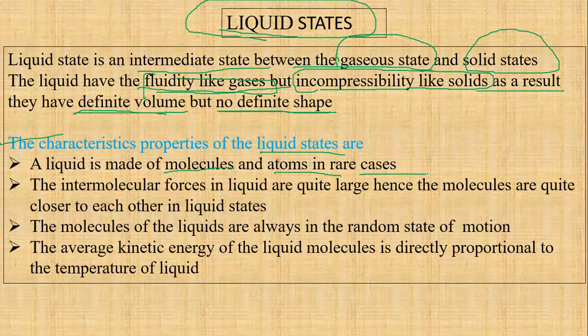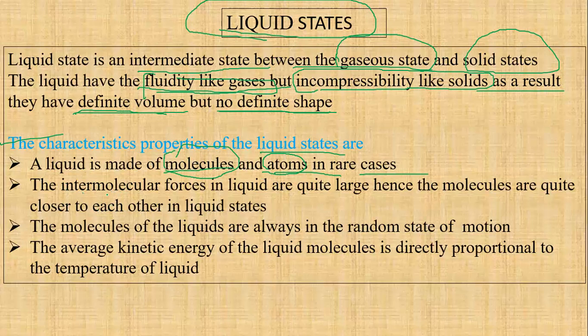That is a liquid, but that is a atom. Okay, that is a element, that is not a molecule. So liquid may be made up of molecule, or it may be made from atoms. Okay, so atoms may be in the form of liquids, molecules may be in the form of liquids.